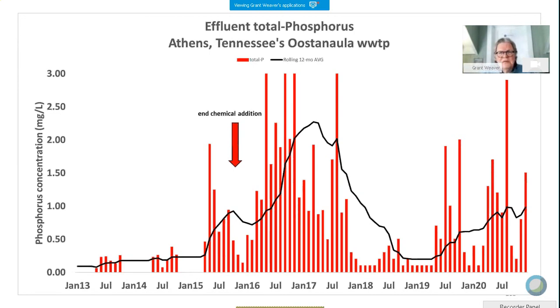They were adding chemicals to get phosphorus removal. And they knew that if they stopped adding chemicals, they were at risk of losing their award because they would have to learn how to bring the plant into control without chemicals.